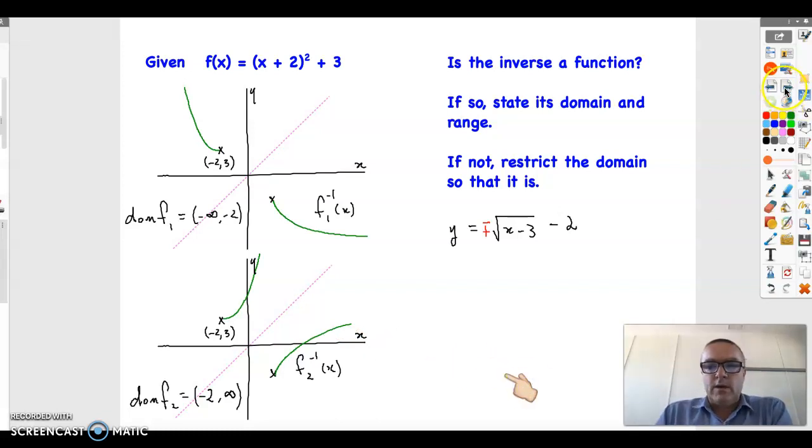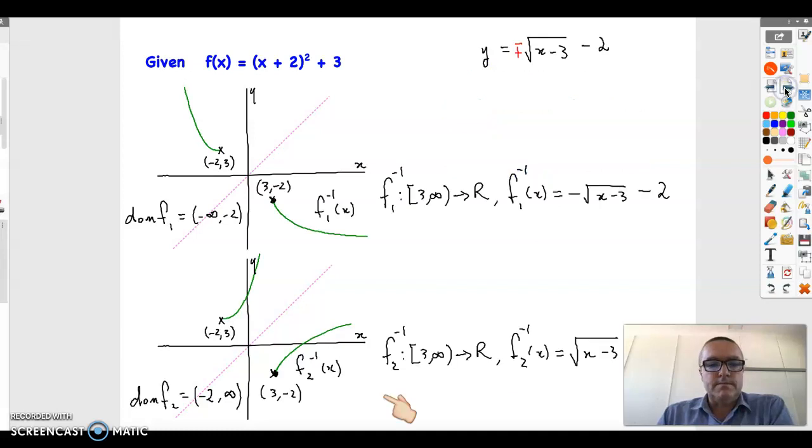So we can outline the rule for the inverse and the domain for the inverse function for each of those graphs. So you might want to pause the video and have a look at this, but I'm just highlighting a few things. Here we've got the rule for the first inverse. It's got a domain of 3 to positive infinity, and the rule for that, because it's a reflection in the x-axis, is the negative square root.